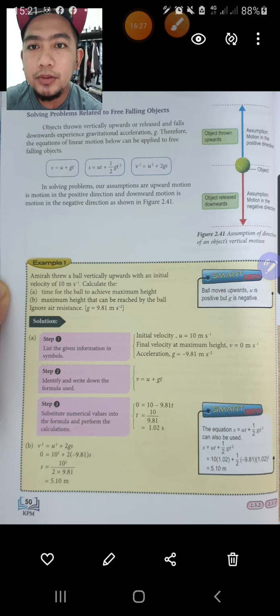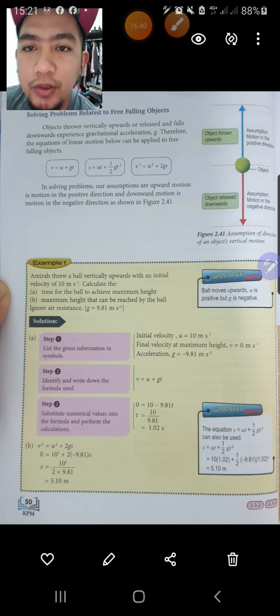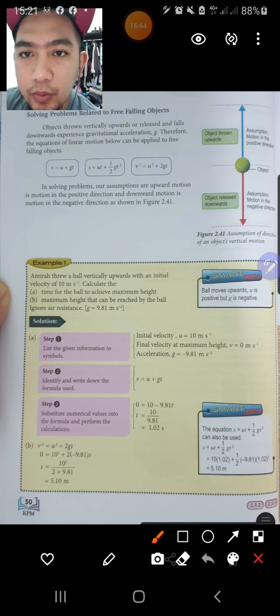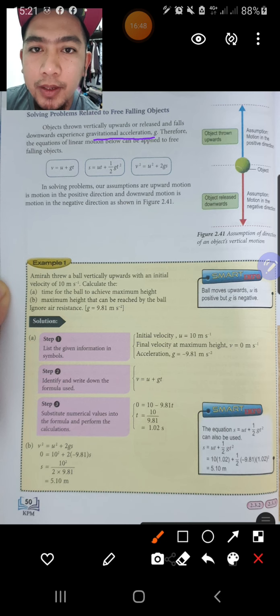Then we go to the next subtopic. The next lesson is about solving problems related to free falling objects. Okay, objects thrown vertically upwards or released and falls downward experience gravitational acceleration g.